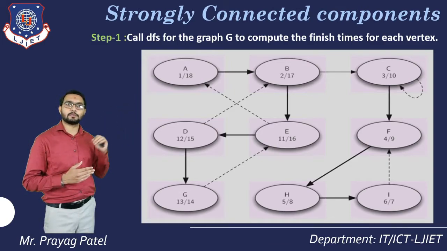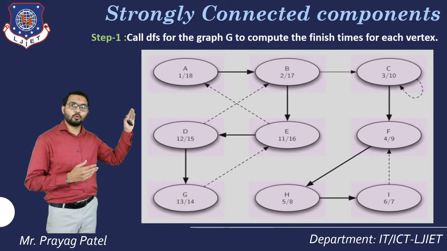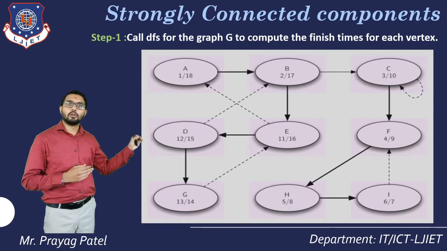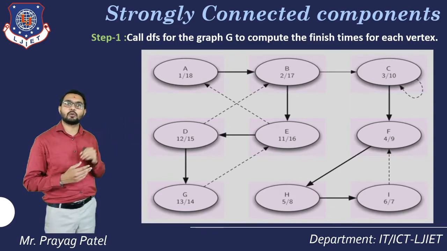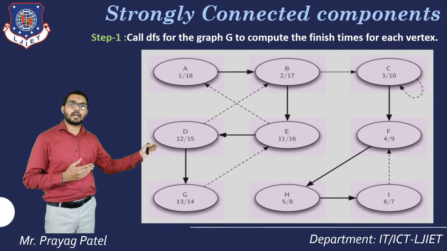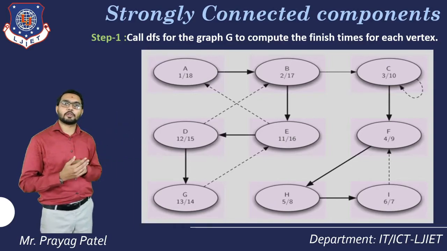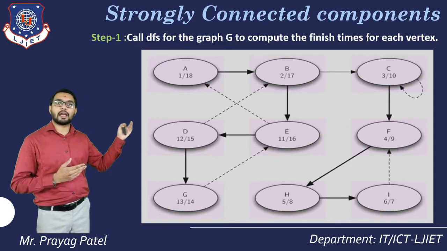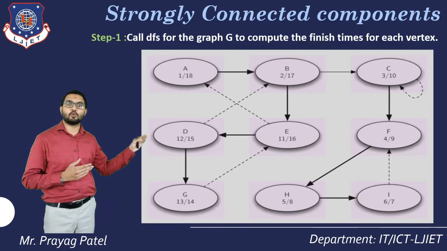Then is the A to B path possible? Yes. Then we consider B with starting time 2. Then B to C path is possible. So consider C with starting time equal to 3. Then C to F path is possible. So F starting time equal to 4. Now F to I path is possible. So here consider I and H, both nodes are here.